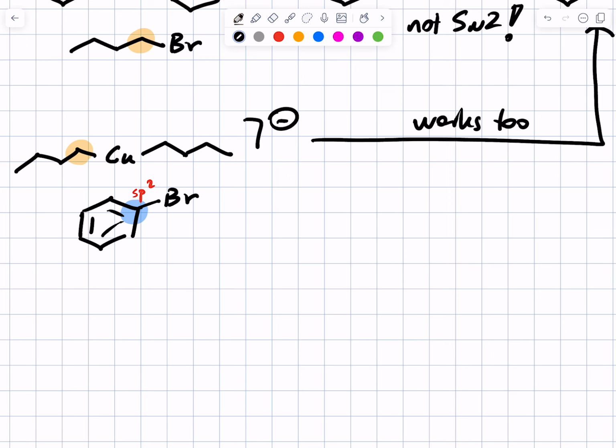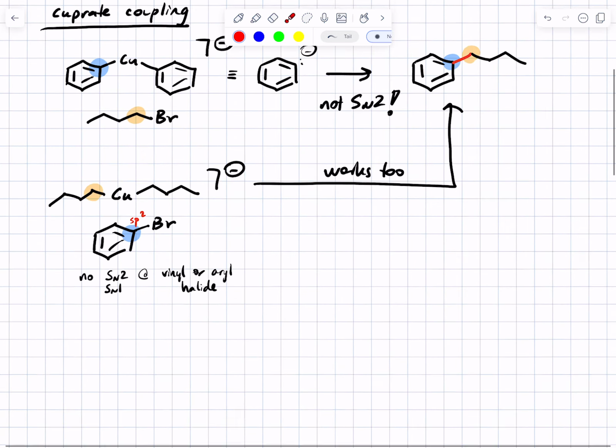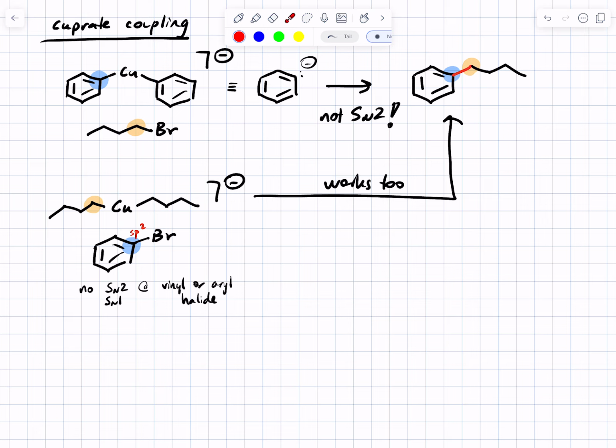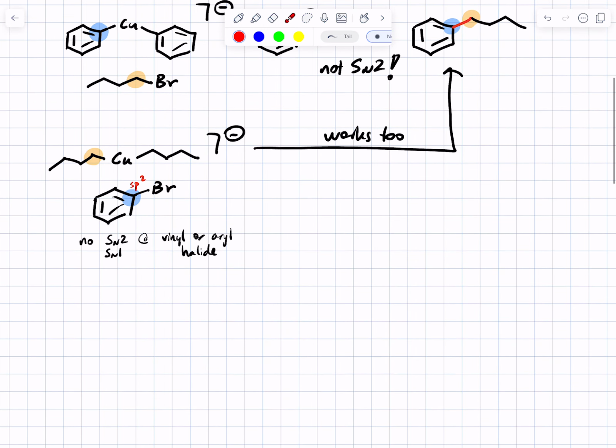And we've said before in 351 that you don't do SN2 or even SN1 at vinyl or aryl halides. And that's because the corresponding carbocations are too unstable and because the antibonding orbitals are inaccessible. So it can't be SN2. It has to be something else.